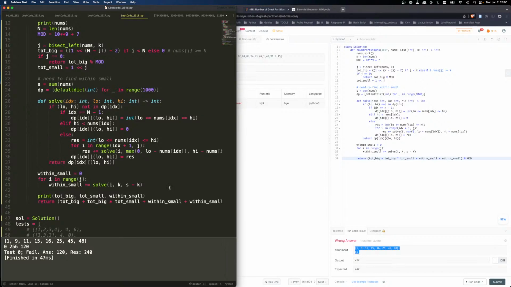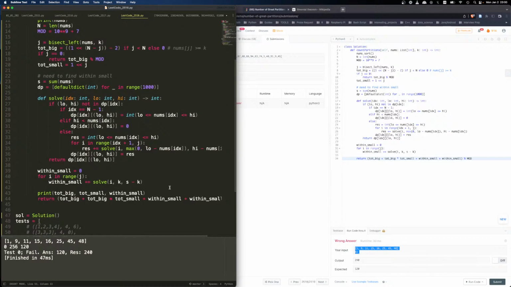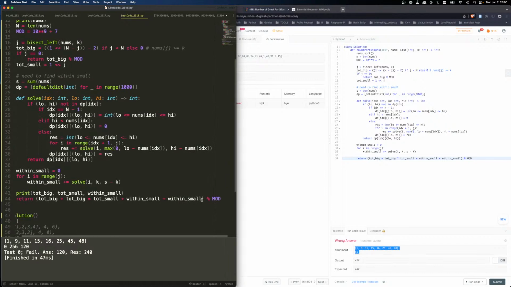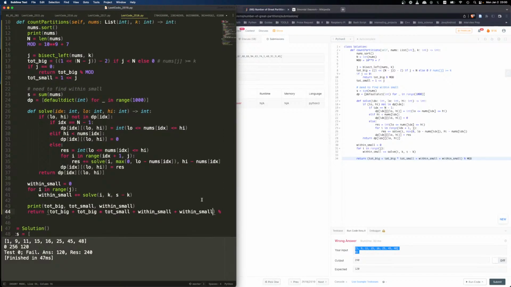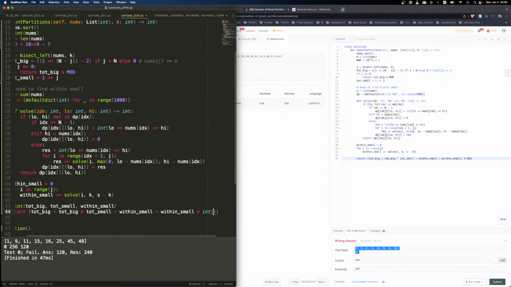Doesn't make sense, huh? But hold on. This is not gonna be within small, has to be at least with a big, num big, right? So we shall multiply it by an int.